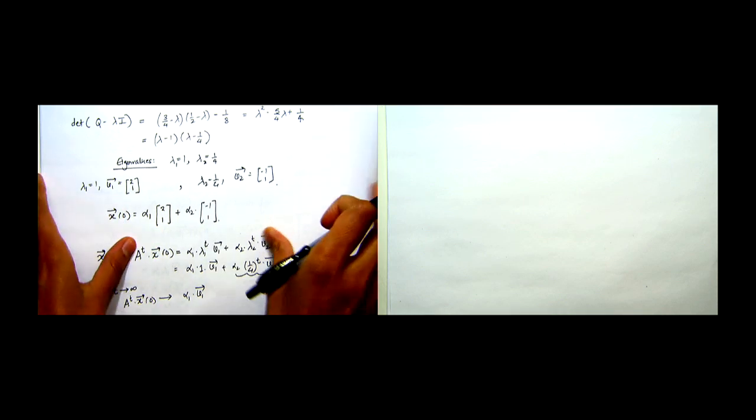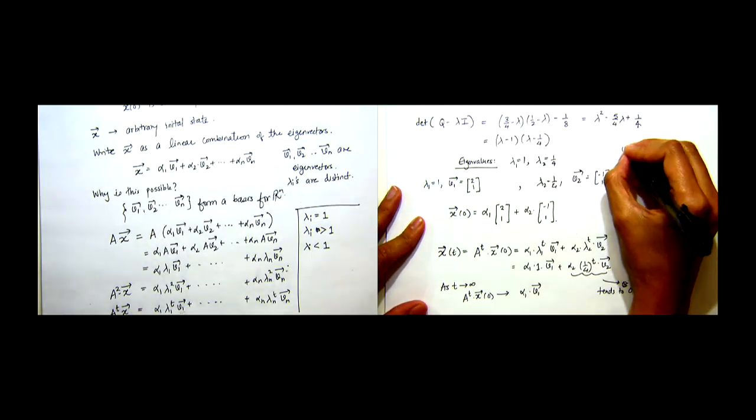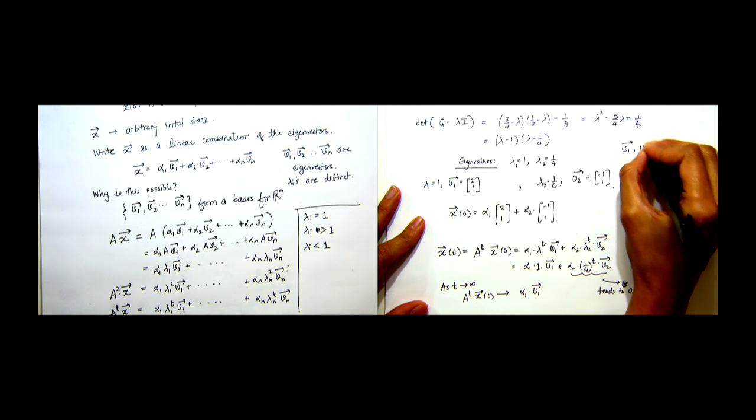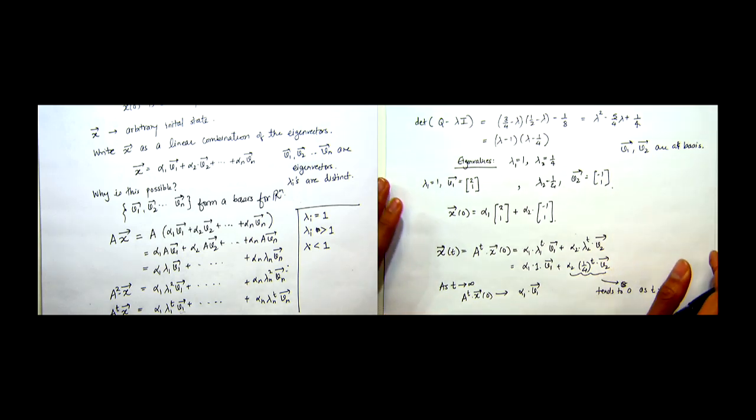Good question. The question was, how did I get x0 equal to alpha 1 times (2, 1) plus alpha 2 times (-1, 1)? We said that the eigenvectors form a basis. v1, v2 are a basis, right?